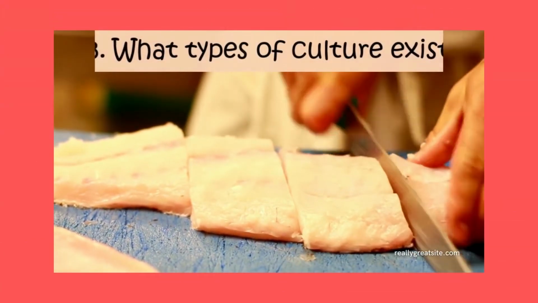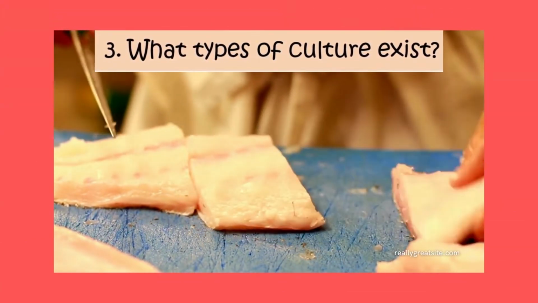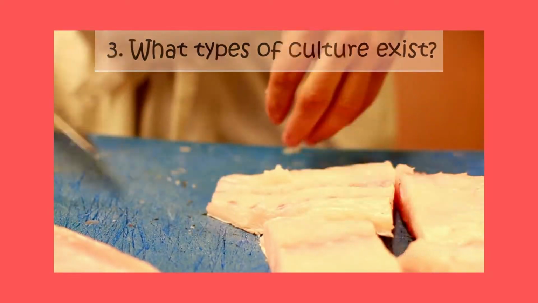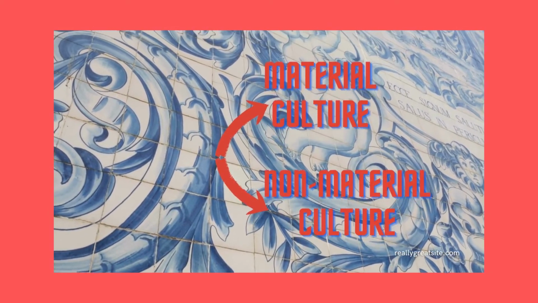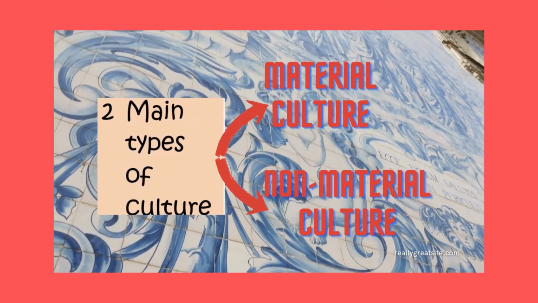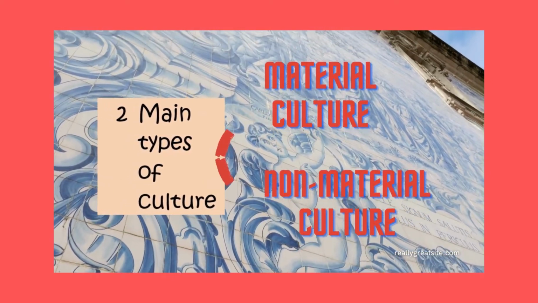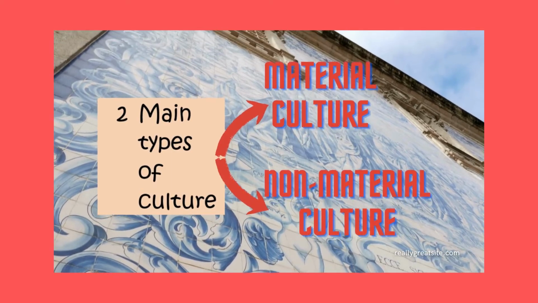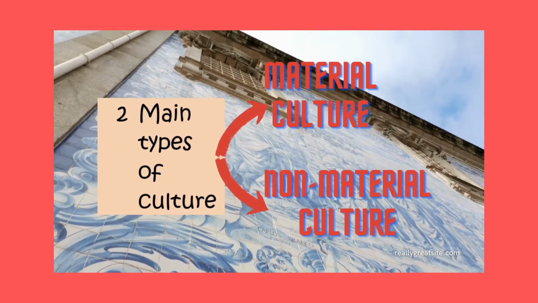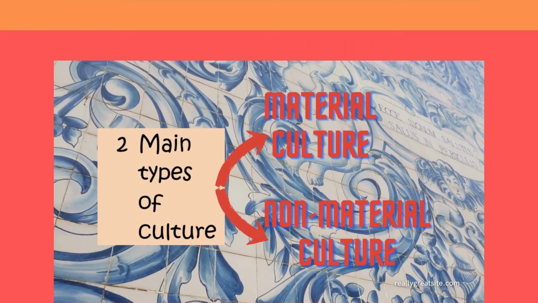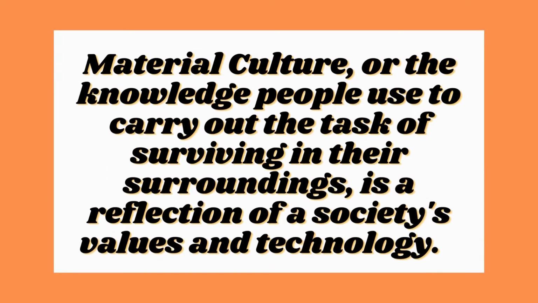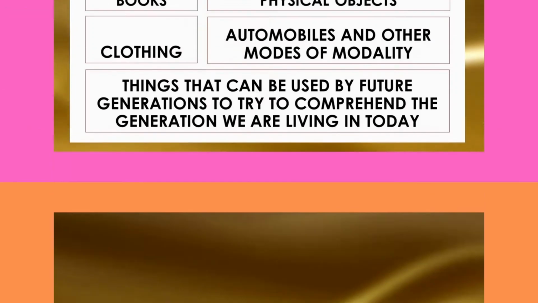The third fundamental idea is what types of culture exist. There are two main categories of culture: material culture and non-material culture. Material culture, or the knowledge people use to carry out the task of surviving in their surroundings, is a reflection of a society's values and technology.